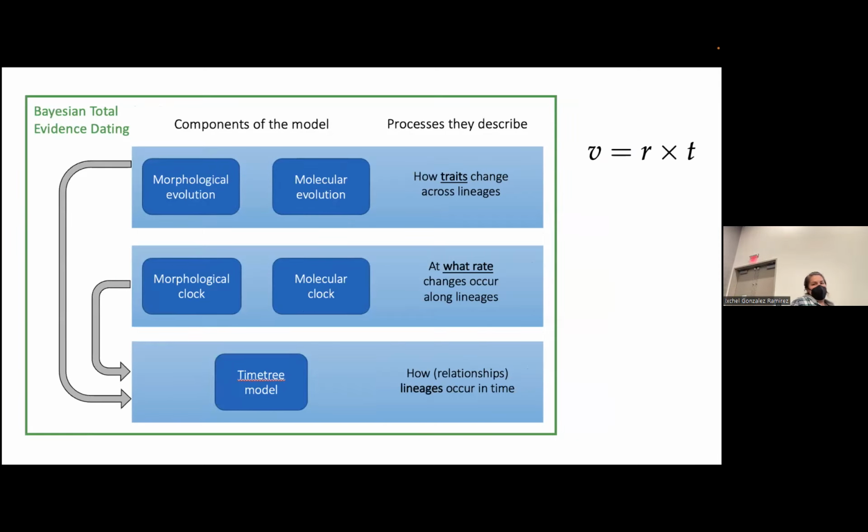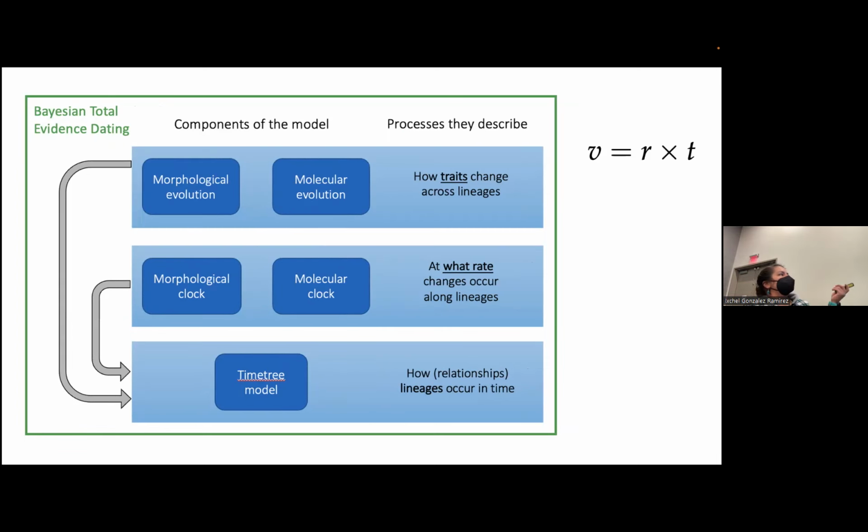We're basically separating these three parameters. V is how my characters change, right? The rate comes from the clock models, and the time comes from the tree model, which is informed by the fossils. With this model, we're separating rate from time.